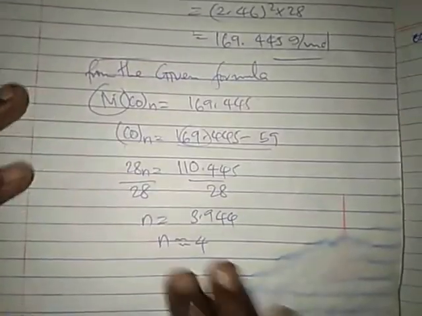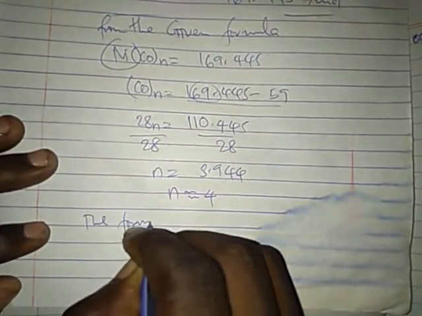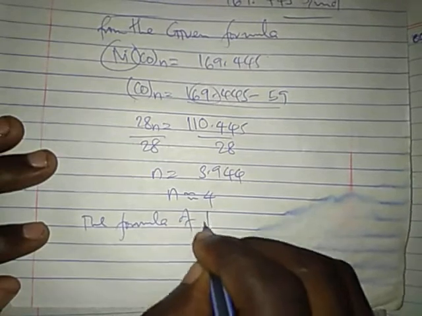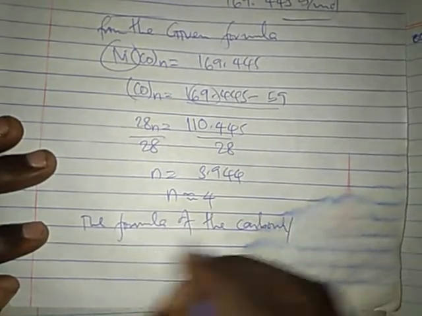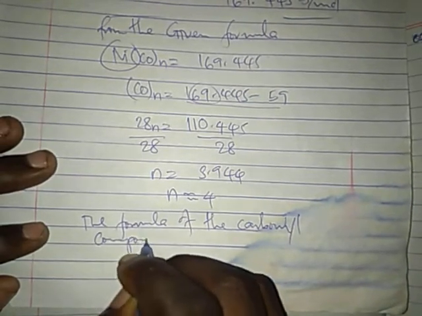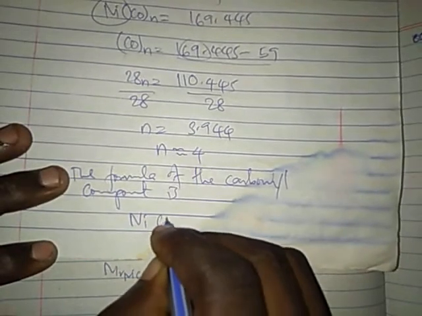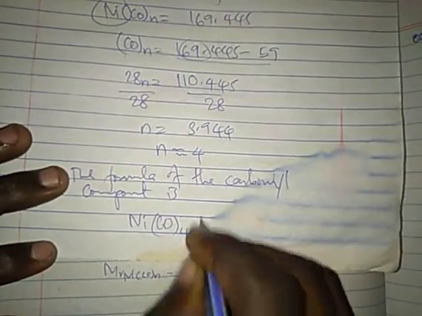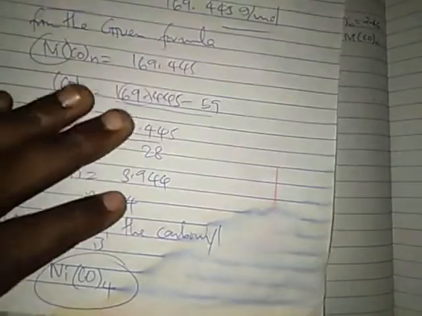Kwa kama n is approximately equal to 4, the formula of the carbonyl compound is, itakuwa ni nickel then CO4, that is Ni(CO)4. That is the final answer of our question. The value of n itakuwa ni 4 hapo kama ambavyo unaweza kuona.